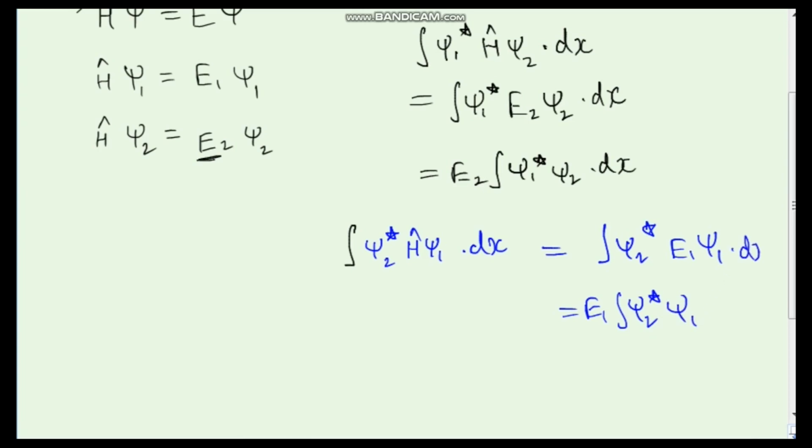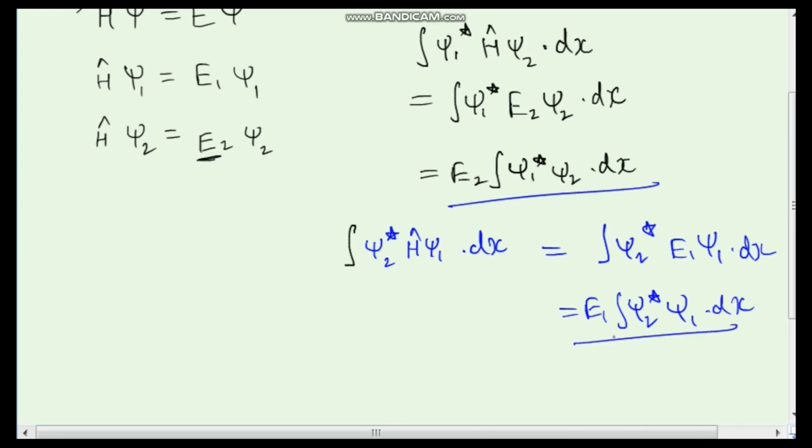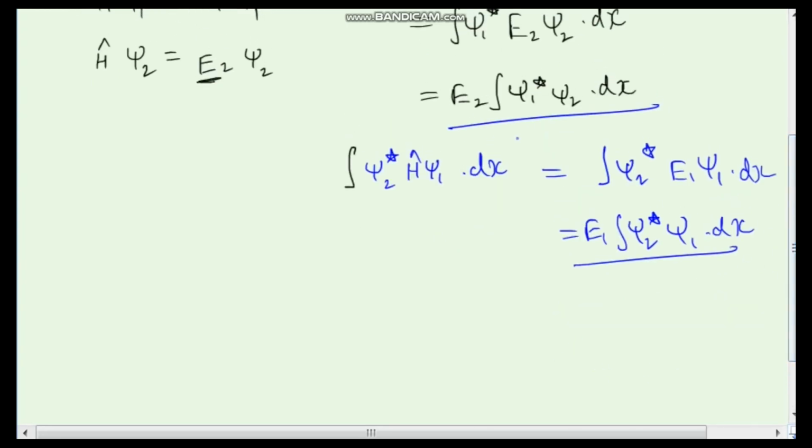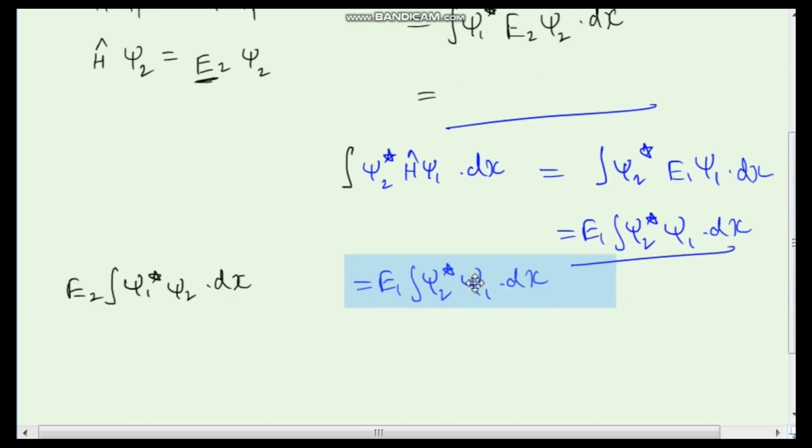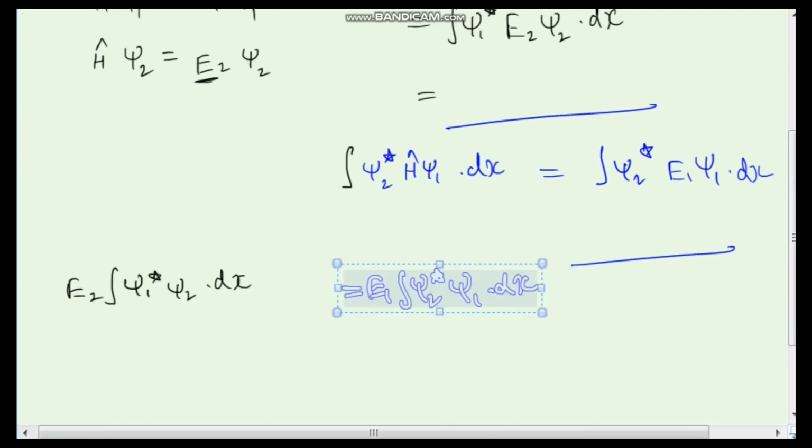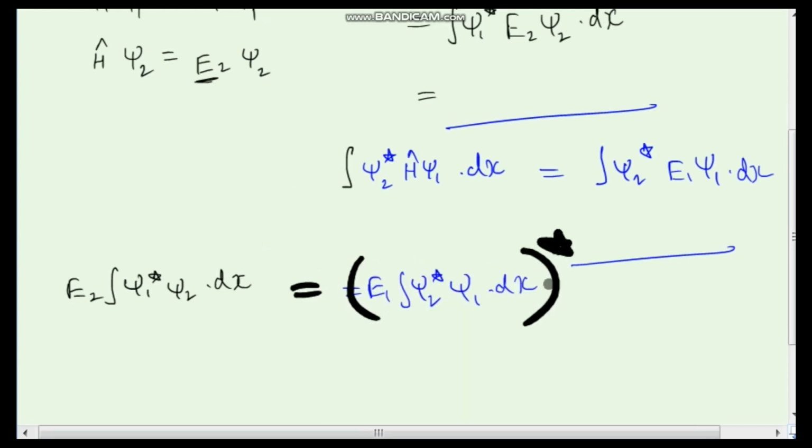I forgot the dx. Okay, so these two values are conjugates of each other. It means the conjugate of this one is going to be equal to this one.